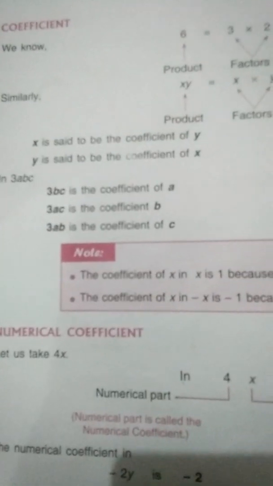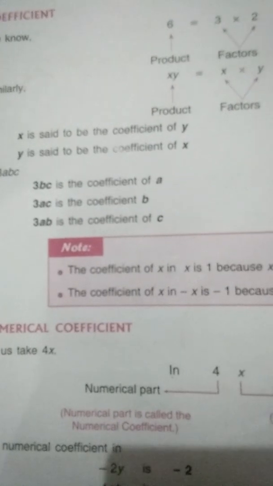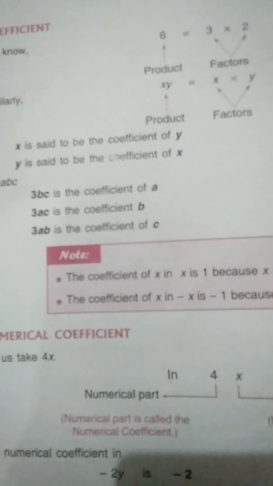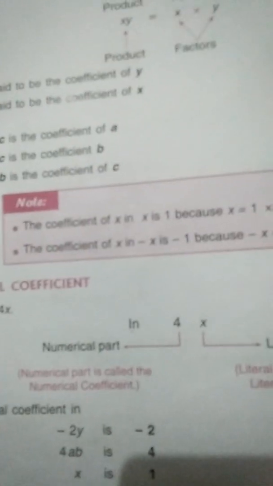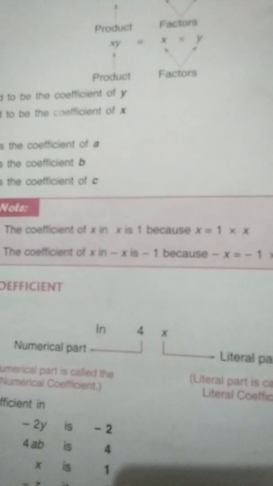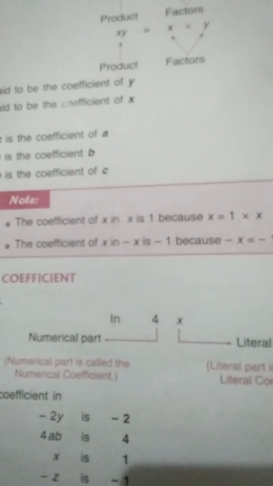In 3abc, 3bc is the coefficient of a, 3ac is the coefficient of b, and 3ab is the coefficient of c. The coefficient of x in x is 1 because x is equal to 1 multiplied by x. The coefficient of x in minus x is minus 1 because minus x is equal to minus 1 multiplied by x.